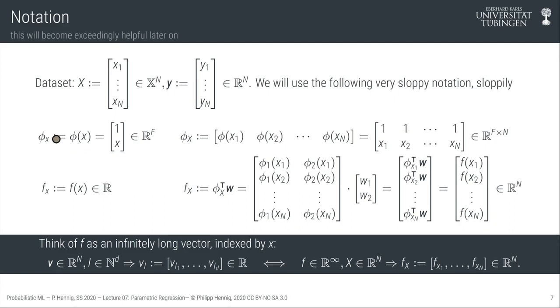You can also take this as slightly suggestive, meaning that this feature function you can think of as a very, very long vector where you could plug in any value of x, and then this particular value of x kind of indexes one location in this vector, or actually this matrix.